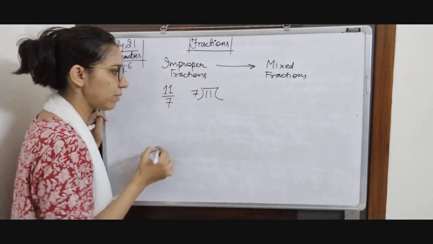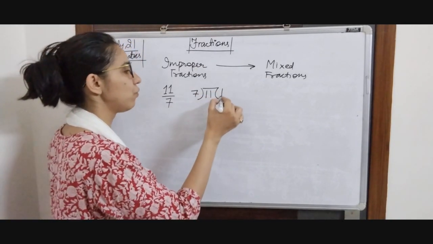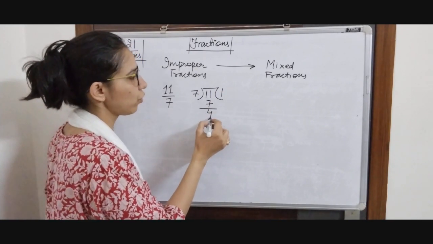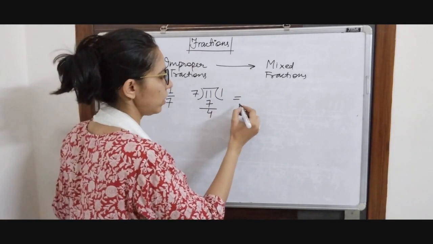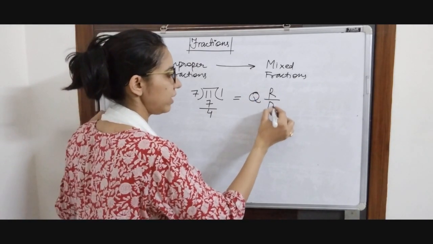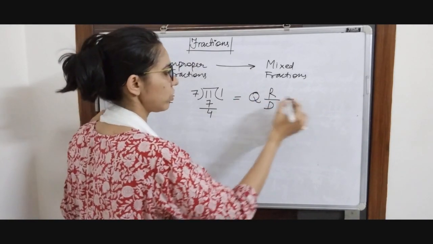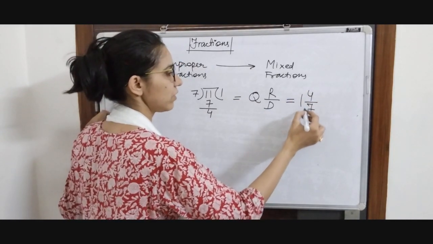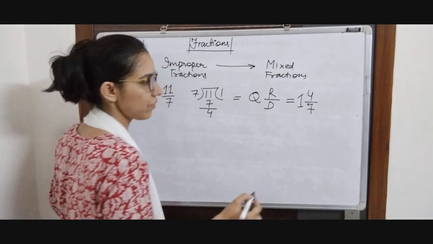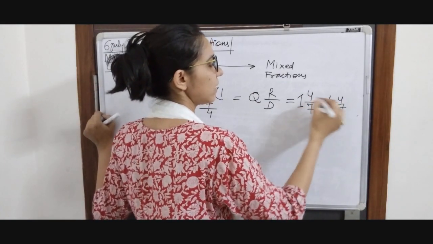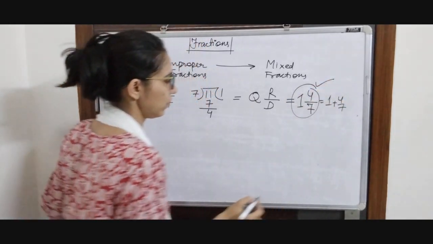11 by 7. It is going to be 1, it is 7, and then the remainder is going to be 4. So your mixed fraction is going to be quotient, remainder by divisor. Quotient is 1, remainder is 4, and divisor is 7. So 1 4 by 7, which is also 1 plus 4 by 7, but this is the correct representation.